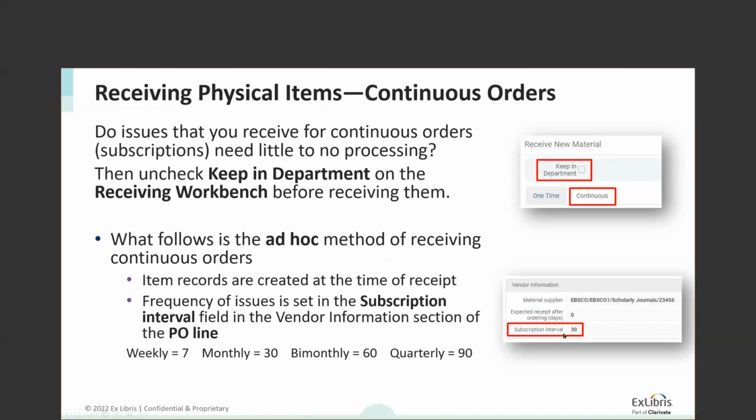This is how Alma can still do claiming without prediction patterns. It's relying on this value for ad hoc receiving to expect another issue to come in roughly every 30 days, roughly every 7 days, 60 days, 90 days. That value in that line from the PO line. So I've already verified my PO line that subscription interval is set to 30. So Alma says, okay, this is a monthly.